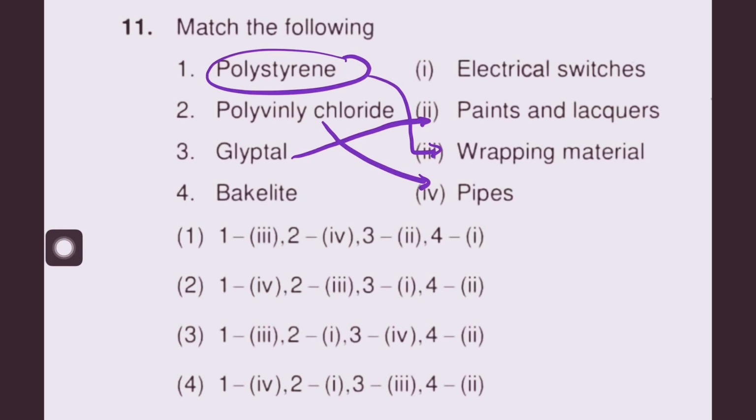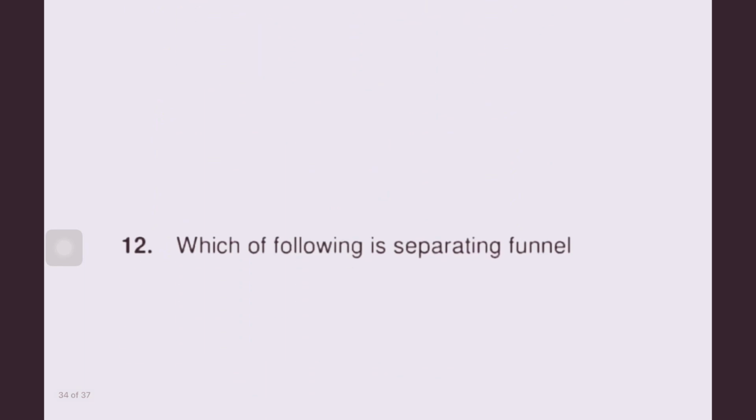And bakelite is for electrical switches. So if you see, the correct answer should be option E. 1 is 3, 2 is 4, 3 is 2, and 4 is 1. Simple question, and that is directly again from NCERT. One table is there in which the polymer applications are given.